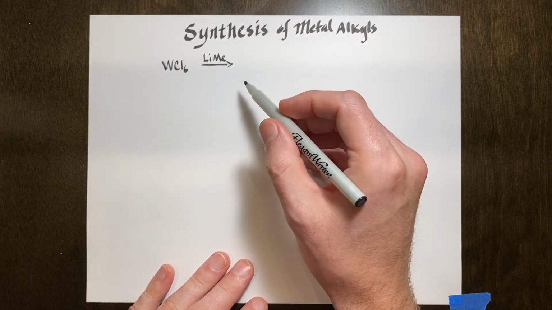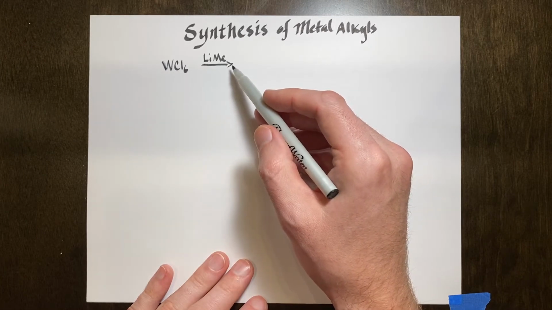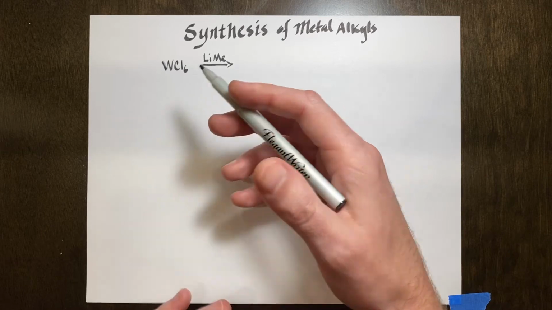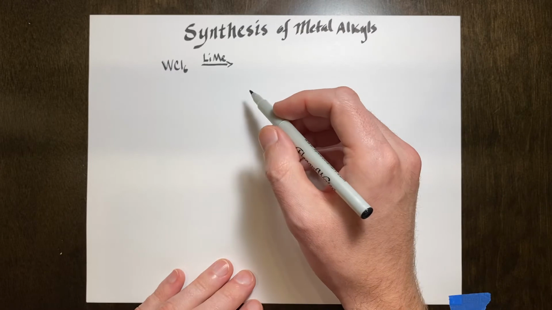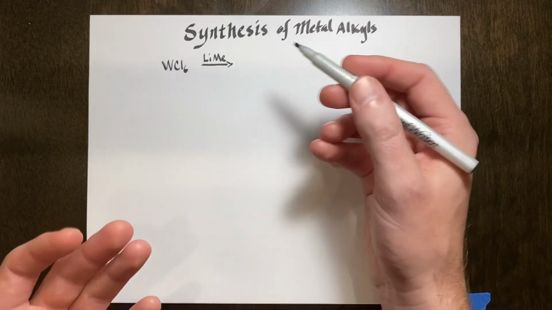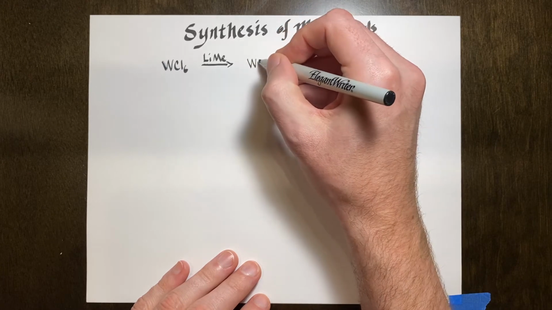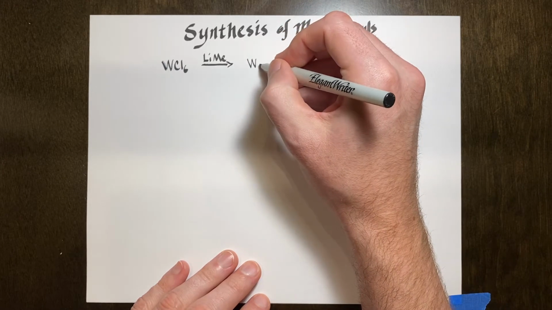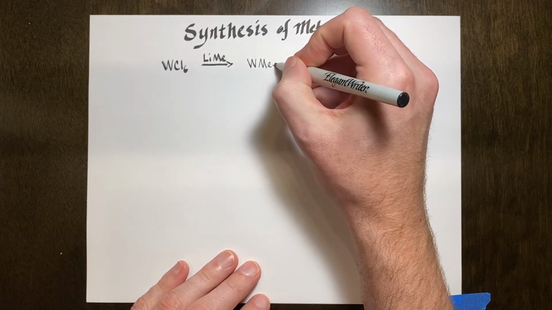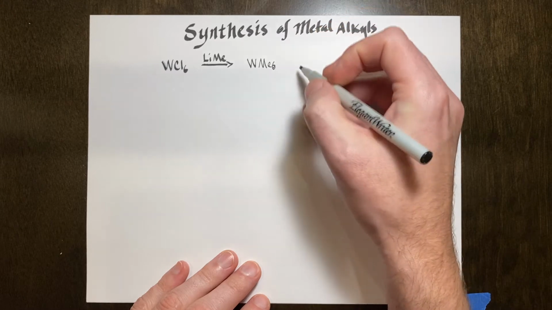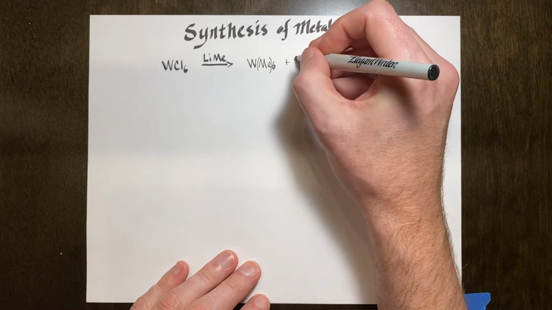So we'll do the typical organic chemistry synthetic reaction scheme, and we'll just say, let's add this organolithium reagent into the mixture. And naturally it will take 6 of these, and we will make the tungsten with the metal alkyl, with 6 methyl groups, plus we'll make some lithium chloride.